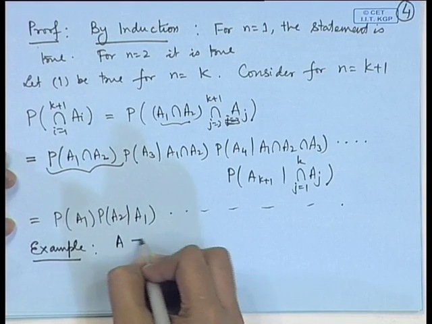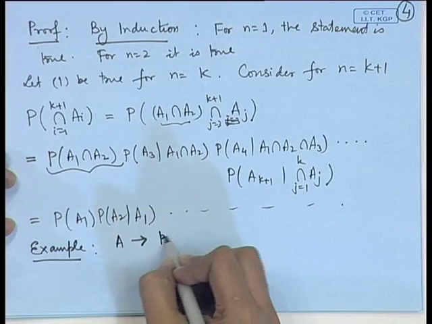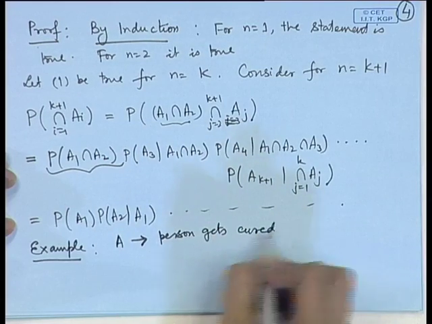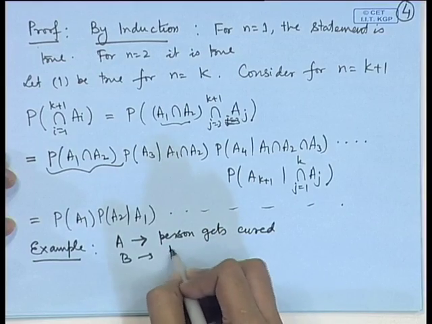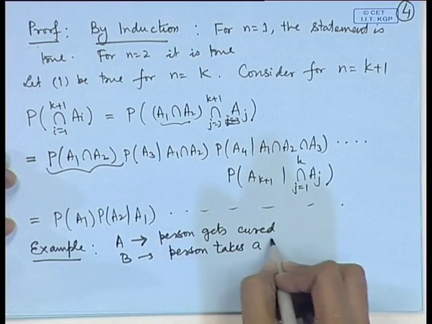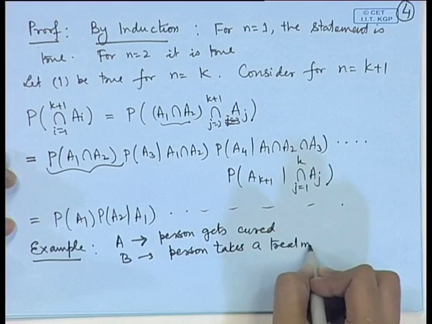Let A be the event that the person gets cured, and B the event that the person takes a treatment.